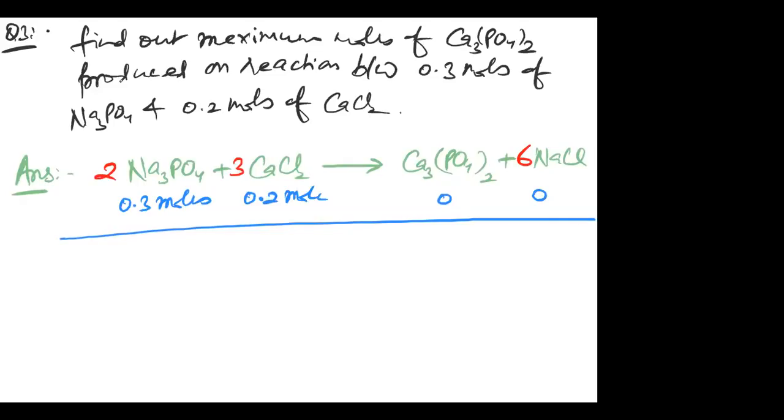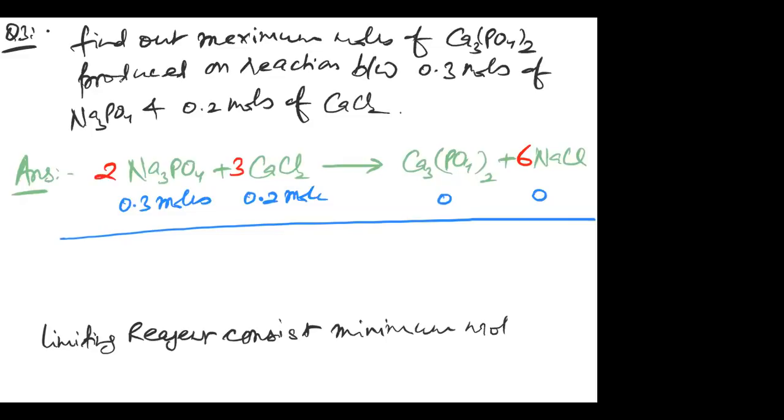As per limiting reagent, it is the one which has minimum moles per stoichiometric coefficient. So I'm repeating again: limiting reagent consists of minimum moles per stoichiometric coefficient.